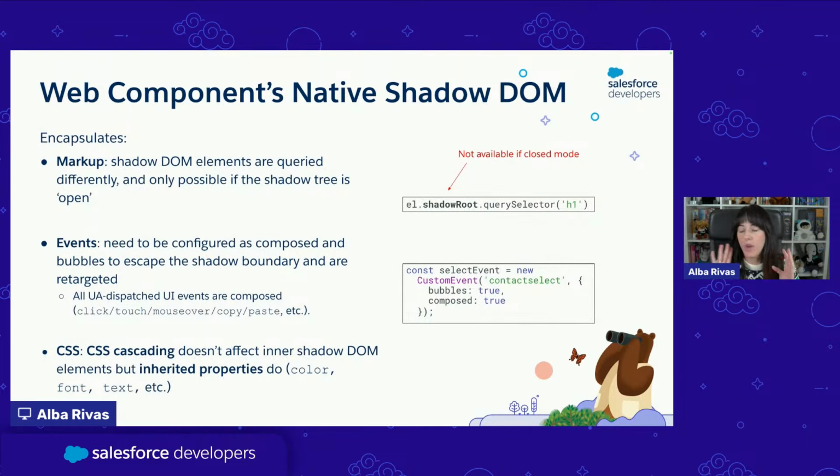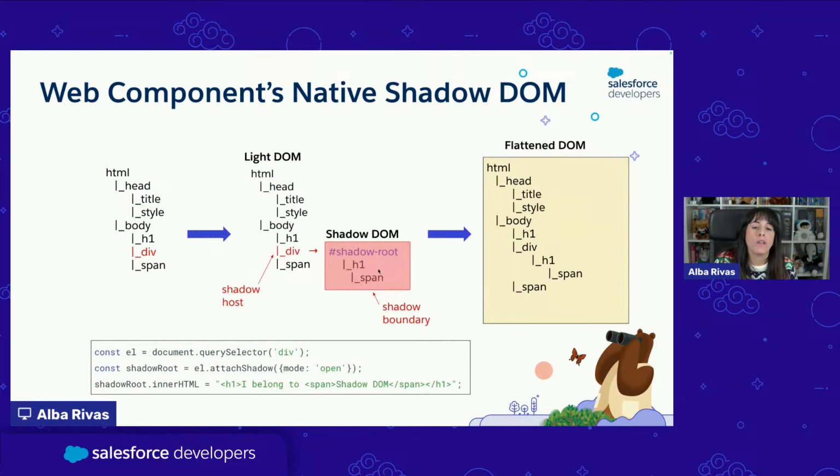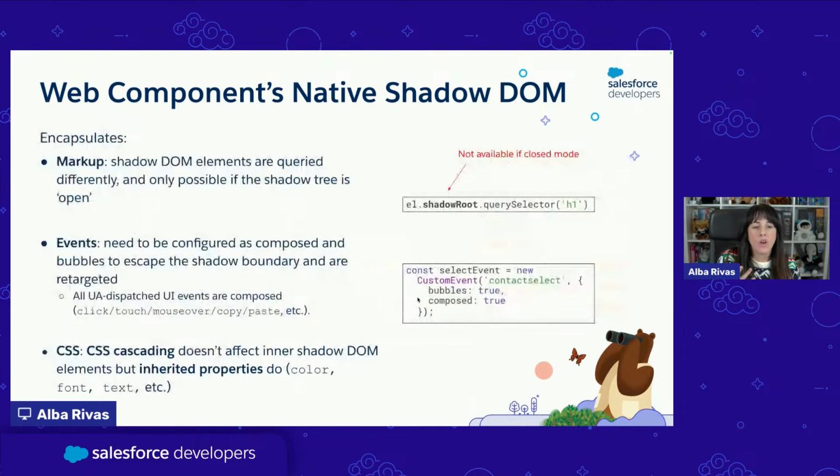So we've understood what shadow DOM is, I hope. If not, ask me questions in the chat as always. And we've understood that this shadow boundary is going to encapsulate the internals of your components. In which way? First of all, it's going to encapsulate the markup.